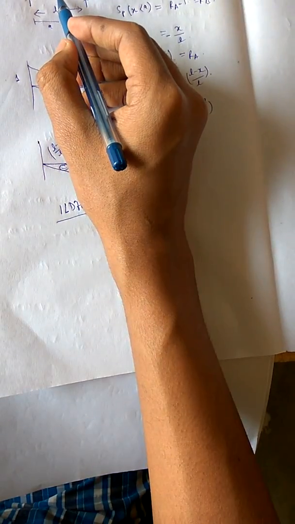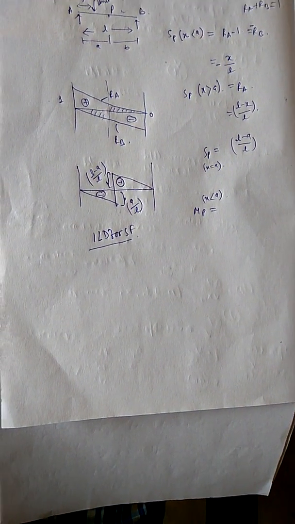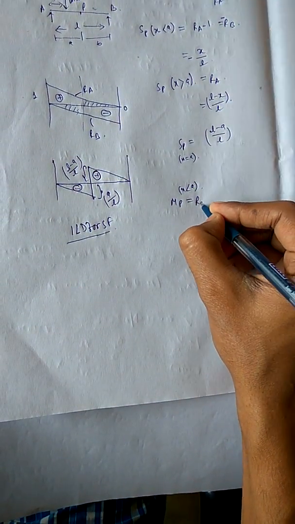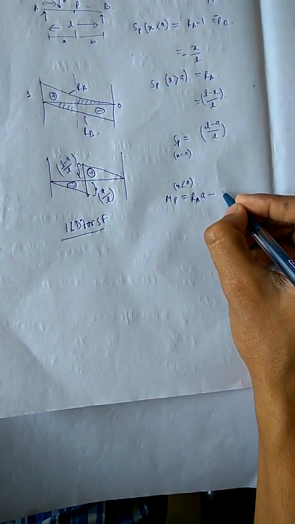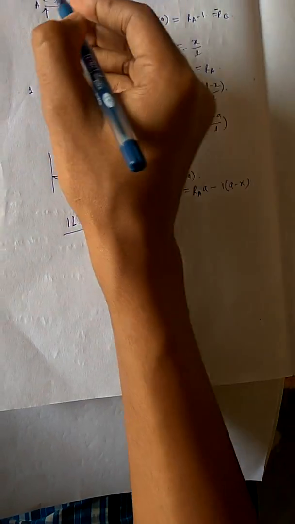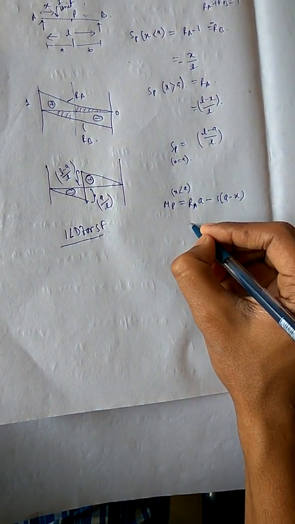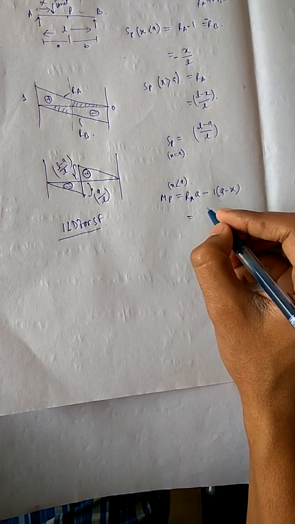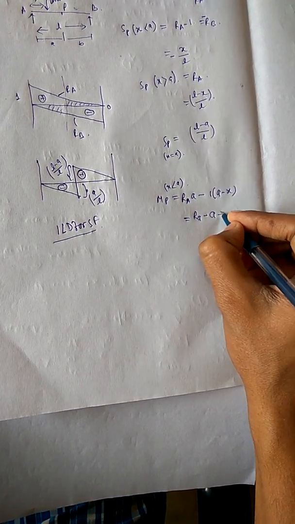Moment at P, if x is less than a, is equal to RA into a minus 1 into (a minus x), where 1 into the overall a, and this is the x part, so it will be a minus x. So it is RA into a minus a plus x.